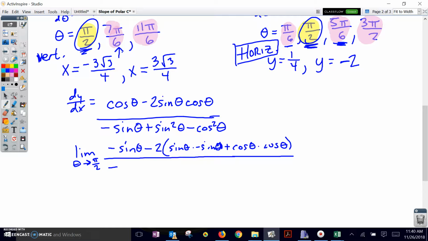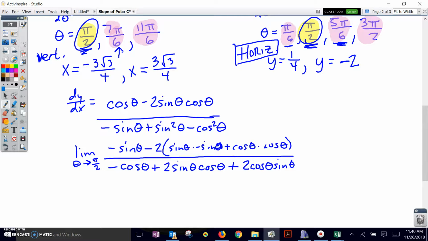All of that over negative cosine of theta plus 2 sine of theta cosine of theta minus 2 cosine of theta negative sine of theta. So it's just going to turn into a plus.